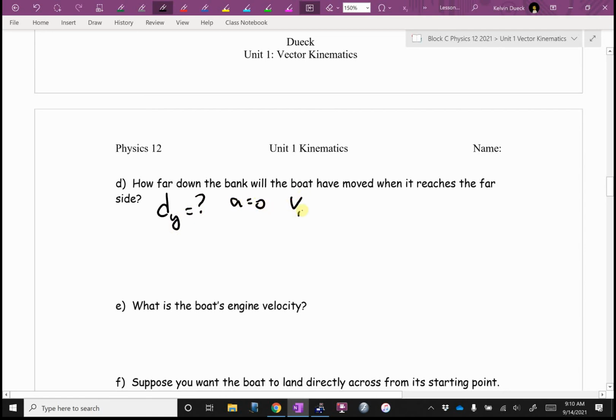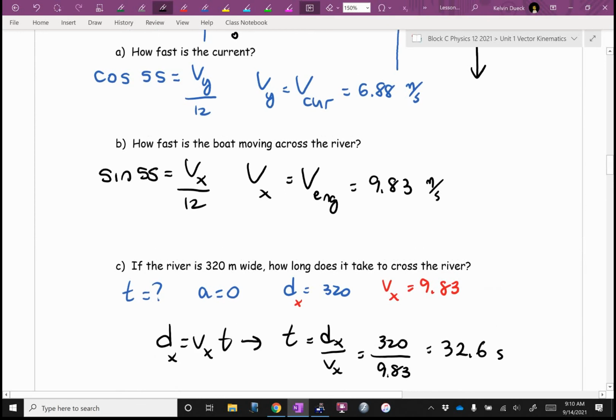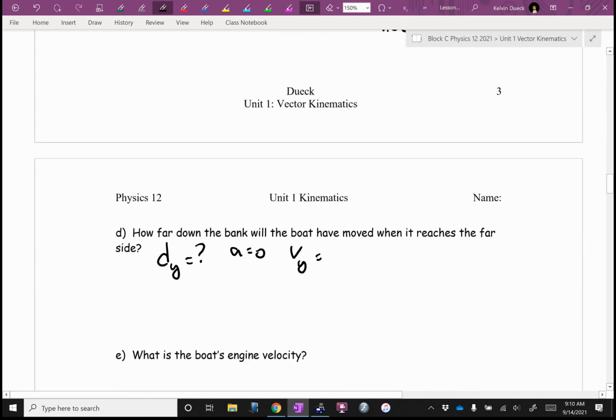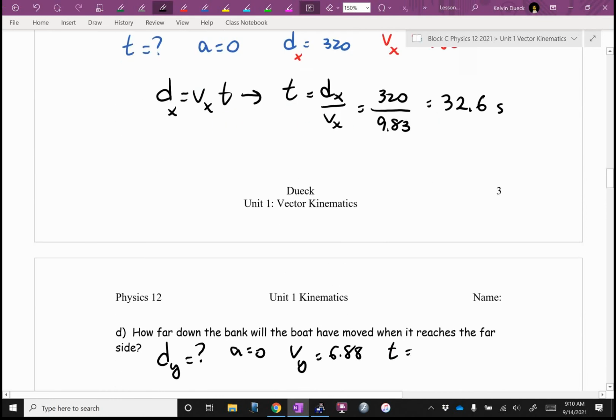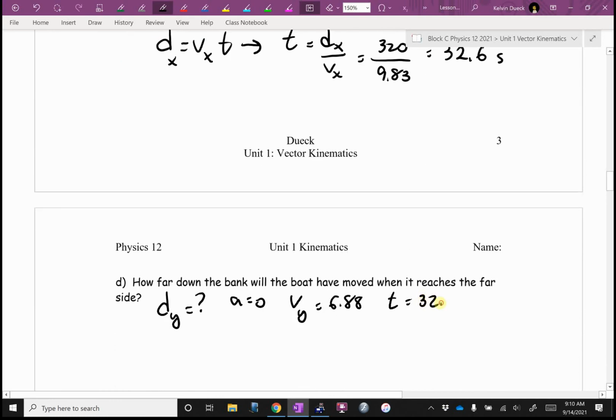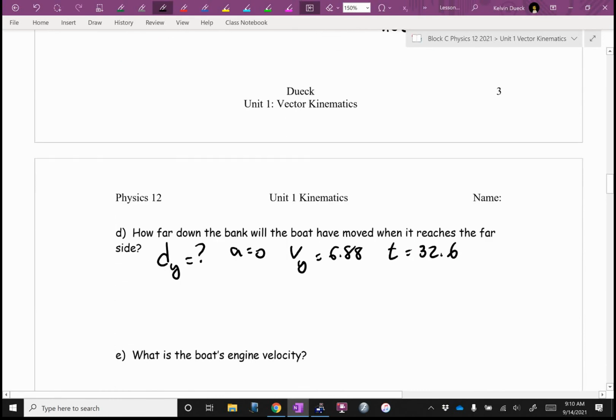I'm going to use Vy, which was, I can't remember, 6.88. And I'm going to use the time value from the previous, 32.6, but I'm going to use my answer button.